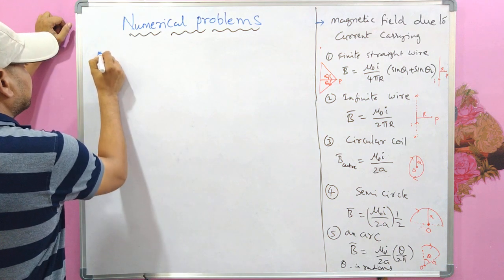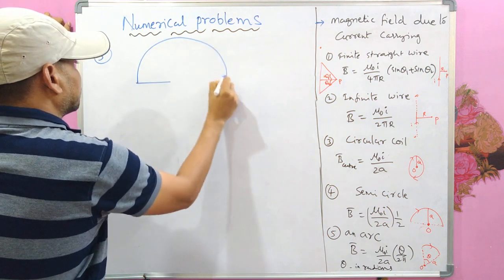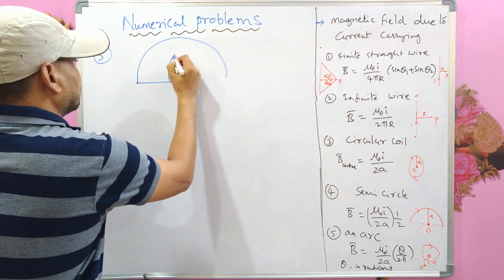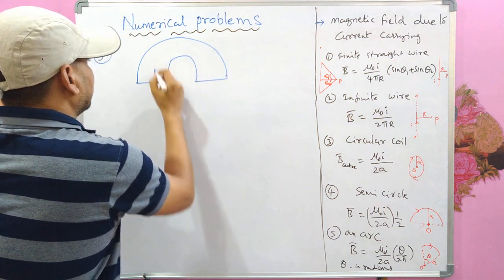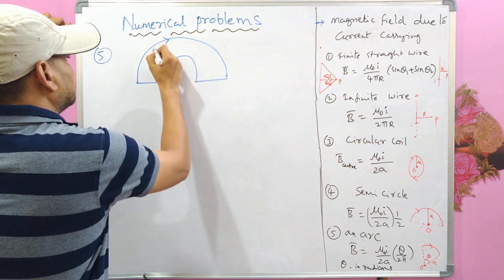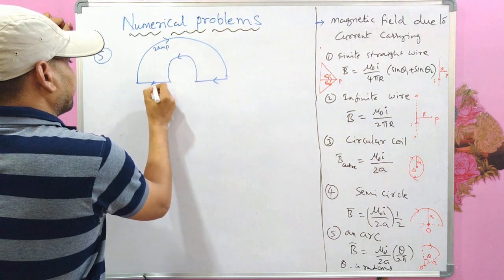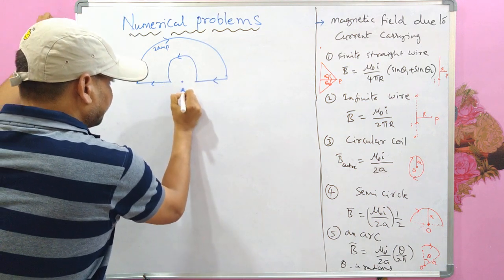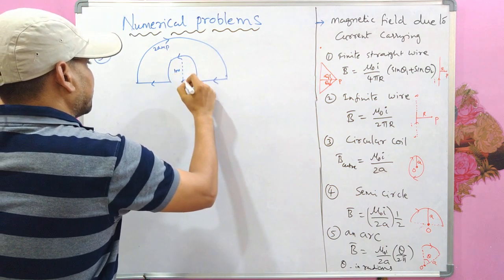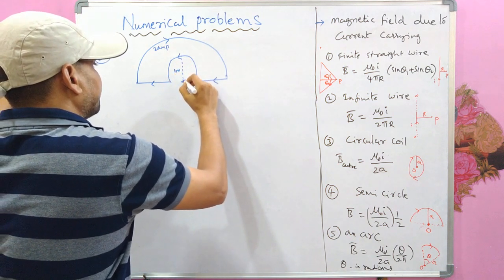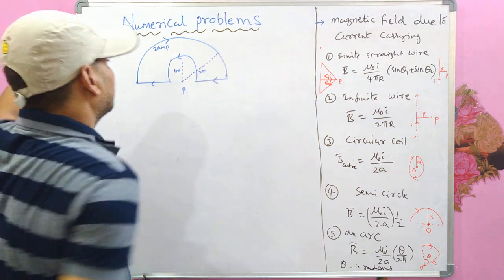Now we will see another example. Two concentric semicircular coils through which 2 ampere current is flowing, and I want the magnetic field at point P. So the inner semicircular coil radius is 1 meter and outer semicircular coil radius is 2 meter.